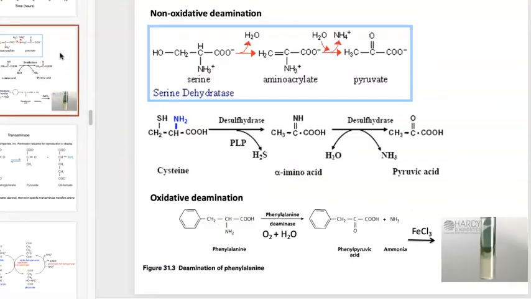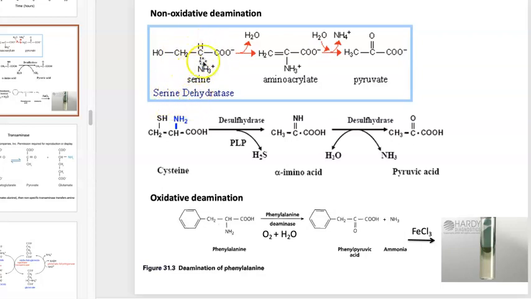Once the microbe has broken down polypeptides into individual amino acids, the individual amino acids have to be taken apart. One of the processes is called deamination, where the microbes will pull off amino groups. One method of doing that is non-oxidative deamination, where microbes will make an enzyme like a serine dehydratase.